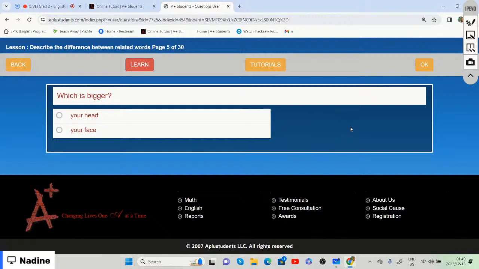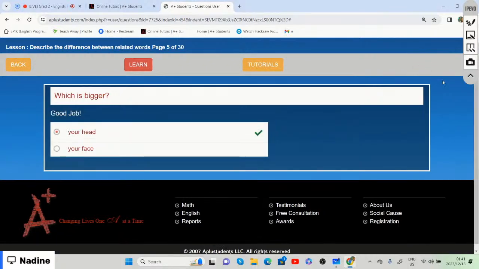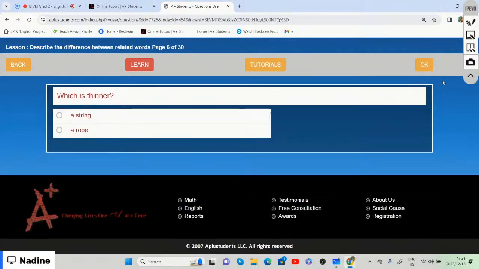Which is bigger? Is it your head or your face? So now we need to say which one is bigger, the head or the face. Let's go with the head. And the head is bigger.